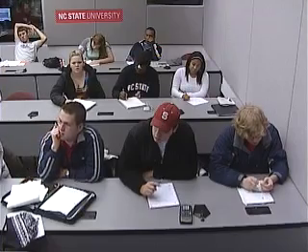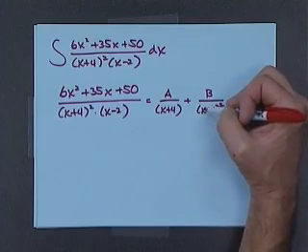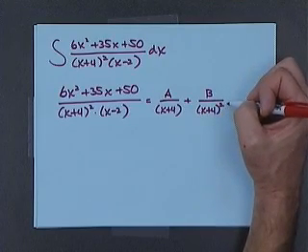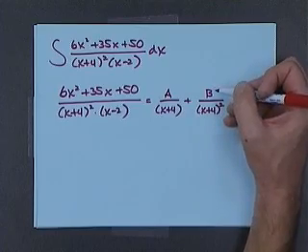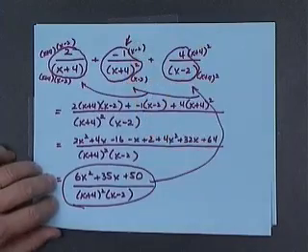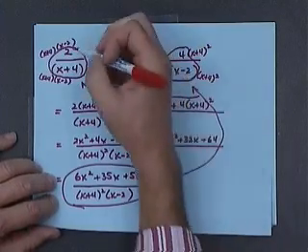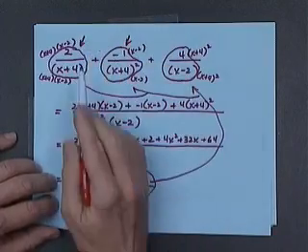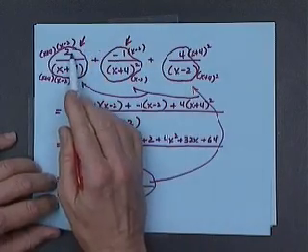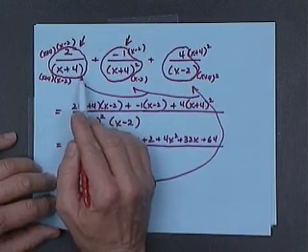what we're doing is allowing for the possibility that there's a fraction that had x plus 4, the quantity squared, and a constant numerator. In fact, we know that there was one. Here it is. We're also allowing for the possibility that there's another fraction that has a constant numerator that only has that linear factor to the first.